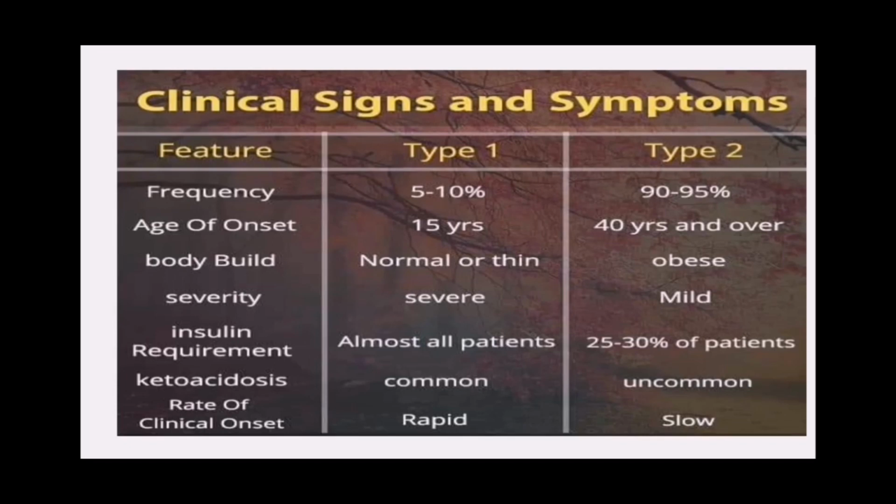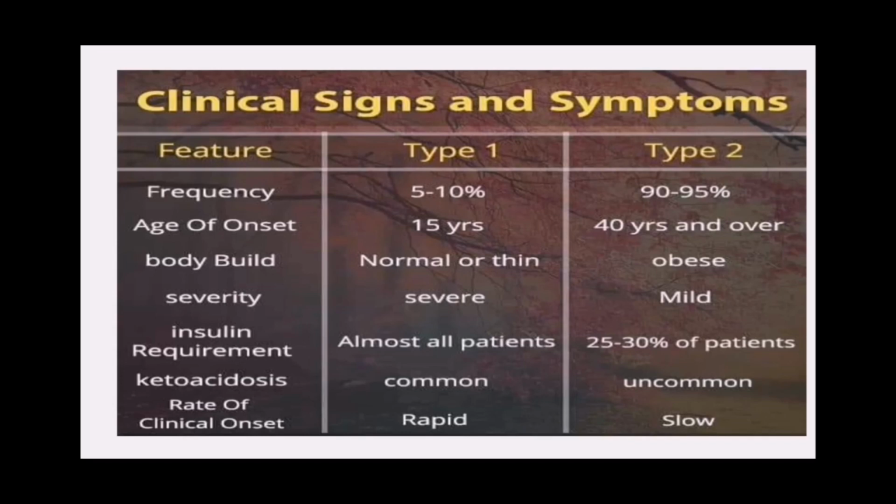Clinical signs and symptoms, features of type 1 and type 2. Frequency in type 1 is 5 to 10%, type 2 frequency is 90 to 95%. Age of onset is 15 years in type 1 and 40 years and over in type 2. Body build is normal or thin in type 1, and in type 2 the patient is obese. Severity in type 1 is severe and in type 2 is mild.